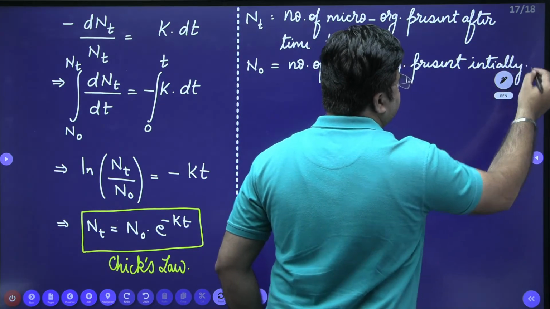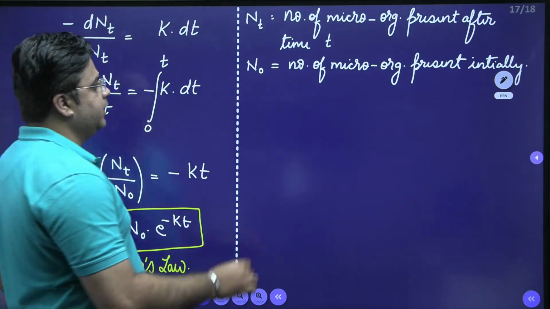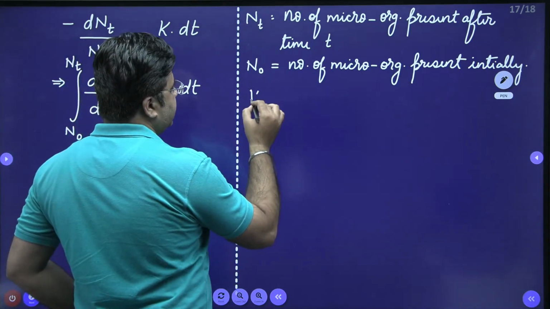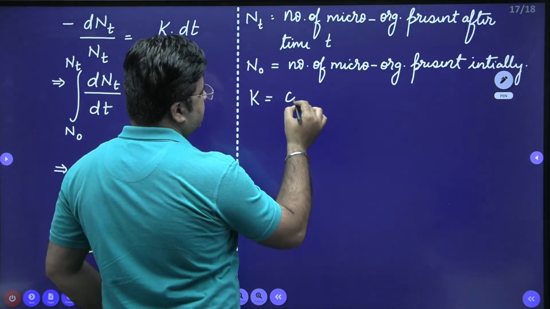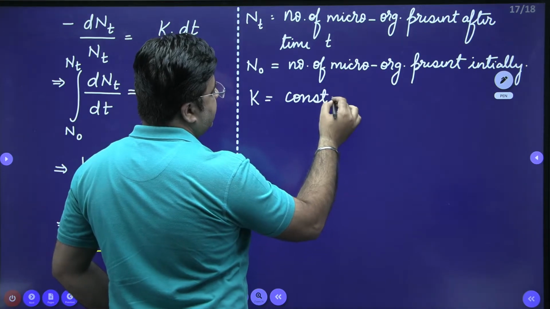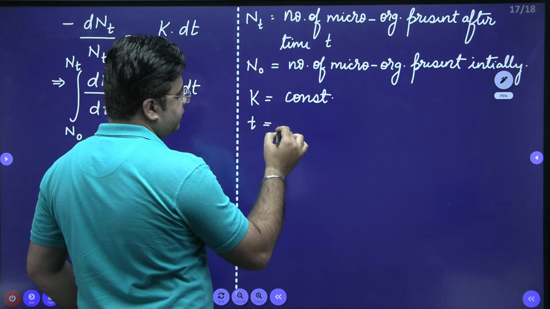At time t is equal to 0, the number of microorganisms present in the system is N naught. K is known as the constant of disinfection and t is the time.